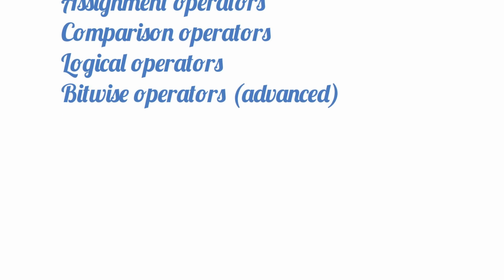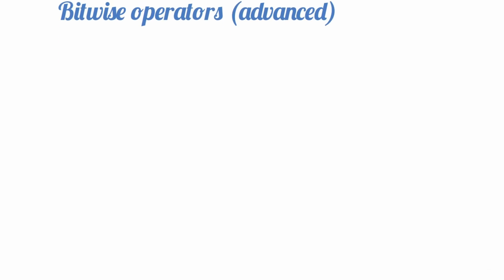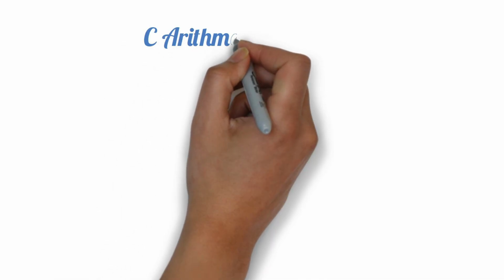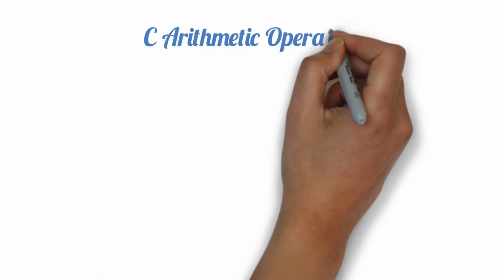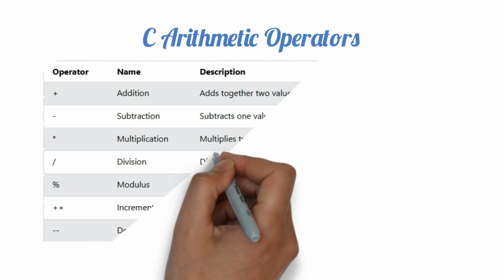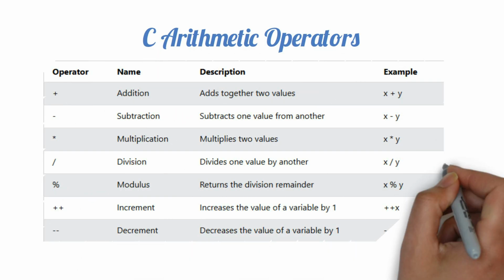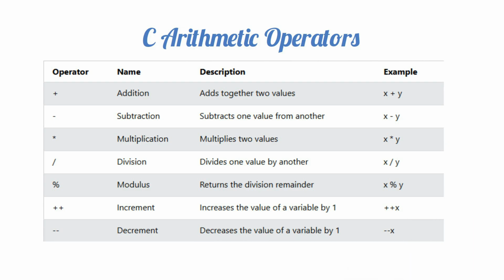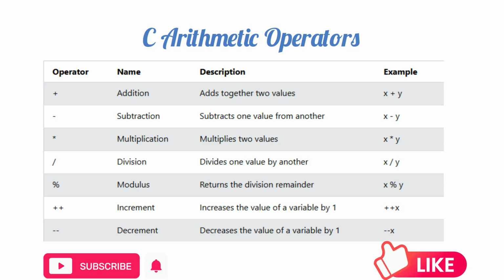Let us discuss each of these operators in detail so that if you have any confusion regarding this, it can be solved. This is the complete table of arithmetic operators. As you can see, the operator plus is named addition, and it is used to add two values or two numbers.